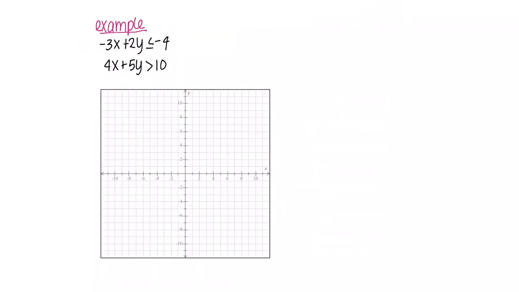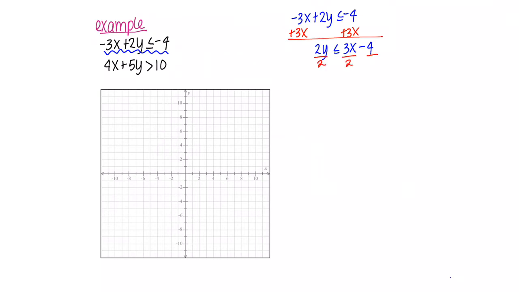Let's look at this guy. Negative 3x plus 2y is less than or equal to negative 4. I'm going to solve for y, so I'm adding 3x to both sides. 2y is less than or equal to 3x minus 4.